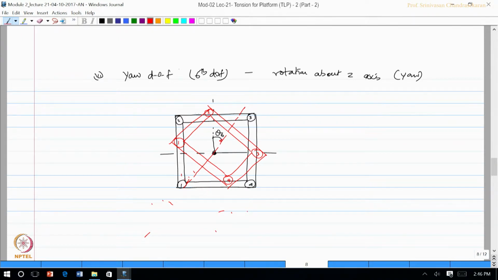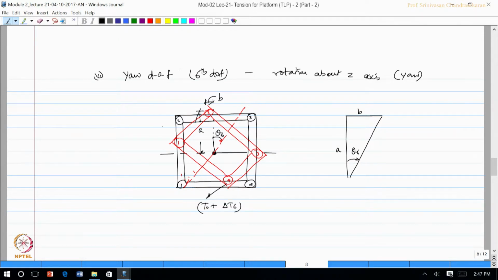Let me call this dimension from here as A and from here this dimension as B. In simple terms, B offset with A offset will give me my rotation. These legs will undergo new tension, which will be T0 plus delta T6.